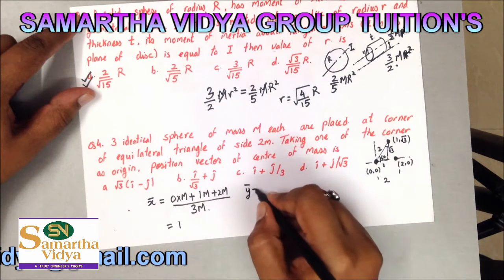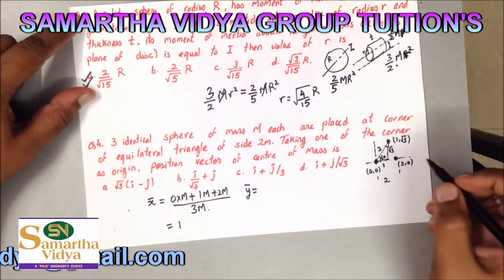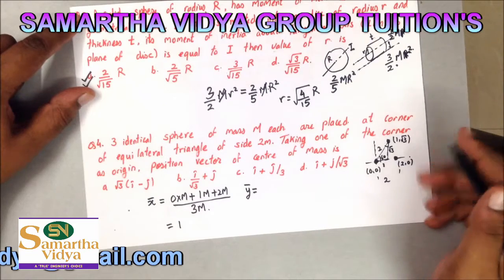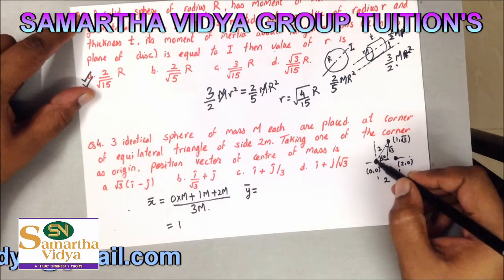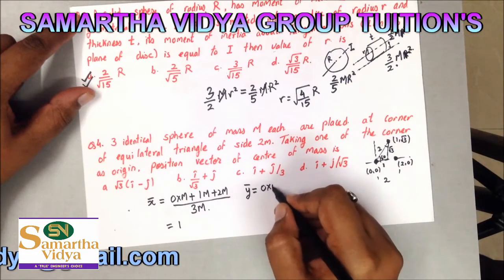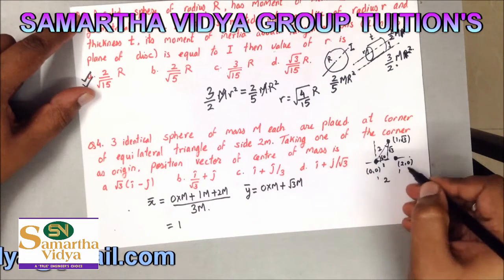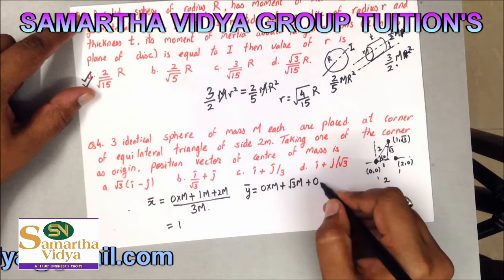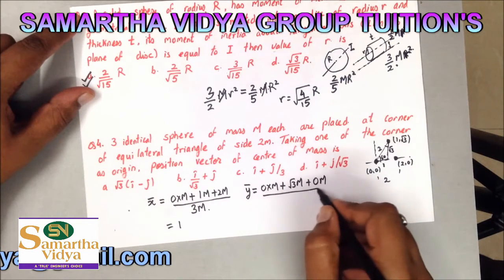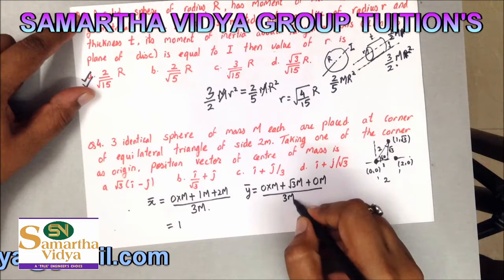Now coming down to the y bar, it is going to be nothing but again the masses into the y coordinate. So again y coordinate for this is 0, so 0 into M, plus it's root 3 into M, and for this also the y coordinate is 0, so 0 into M, divided by, it's again 3M.